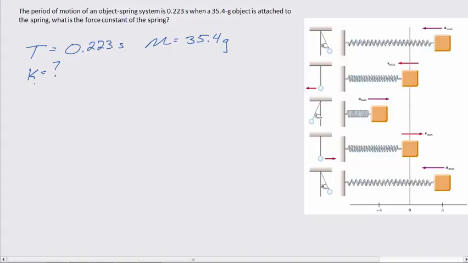Out of the equations we know, there's one equation that has all three of our variables of interest. This equation is that our period is equal to 2 pi multiplied by the square root of our mass divided by our force constant.